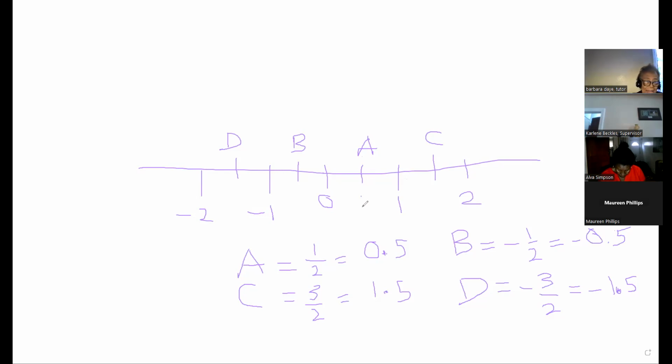If there is a hash mark without a number, you should be able to figure it out, okay? Any questions on how you find decimals and fractions on the number line? They're between two whole numbers, right? And the whole numbers could be negative, they could be positive.